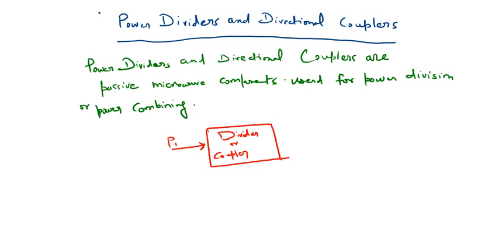Then you are getting two powers. This power P1 is divided into two parts. P2 is alpha P1 and P3 is 1 minus alpha P1.